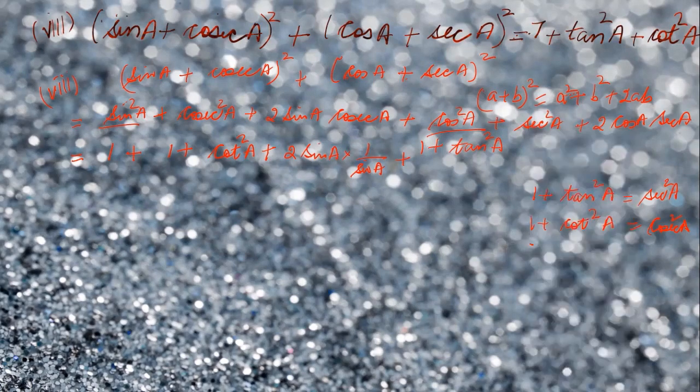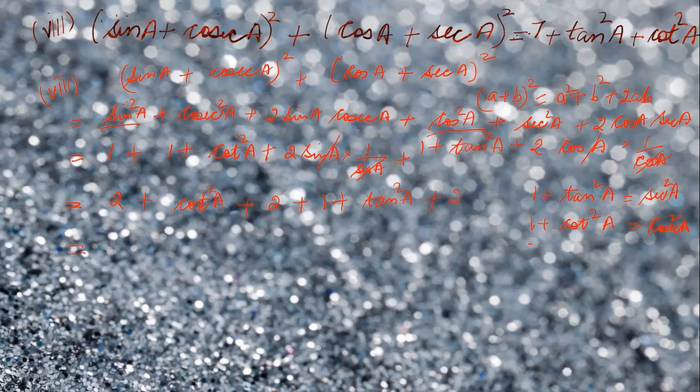plus 2 cos A and sec A you can write as 1 upon cos A. So it will be 1 plus 1 is 2 over here, 2 plus cot square A plus cancel this sin A, so it will be 2 plus 1 plus tan square A plus cancel this cos A, so it will be 2.